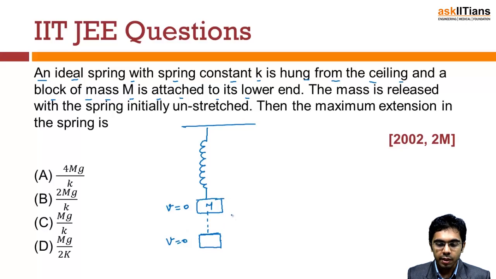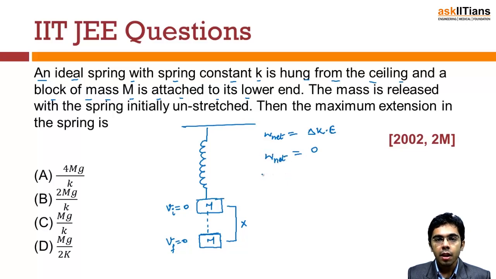So if we say that this is the maximum extension, let's consider that this is x. Now from the work energy theorem, we know that the net work done is equal to the change in kinetic energy. Since initially V is 0 and finally V is also 0, the change in kinetic energy will be 0. So the net work done will be equal to 0.